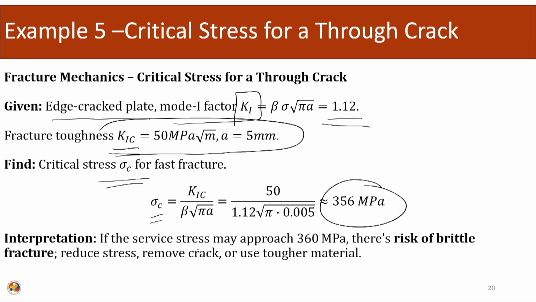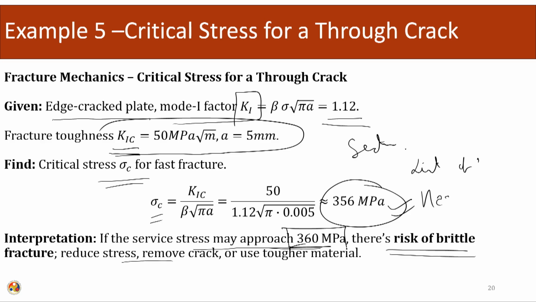So, if the service stress may approach 350 MPa, then there is a risk of brittle failure occurring in this particular region. This way we can assess the limit of the hazard depending upon the sectional capacity, and we can design such that these types of failure mechanisms are not met.